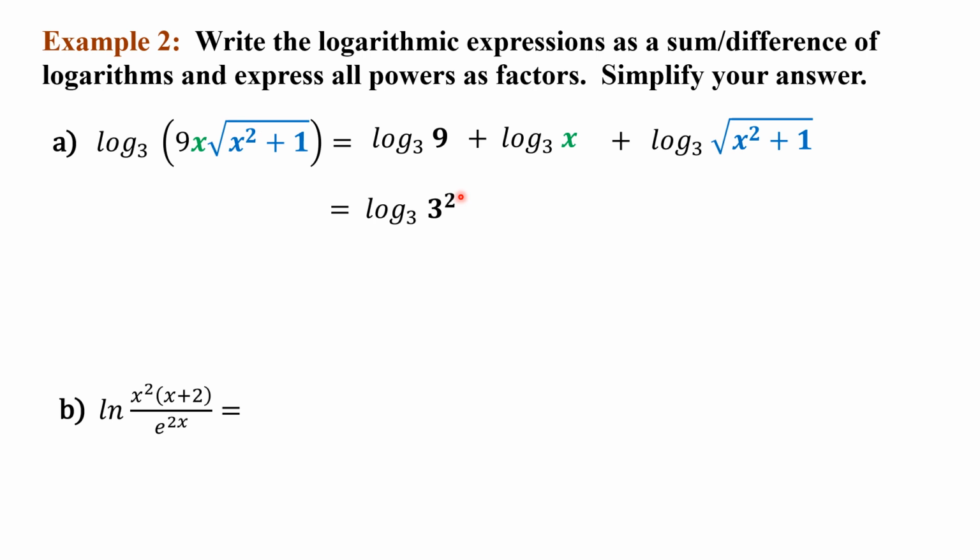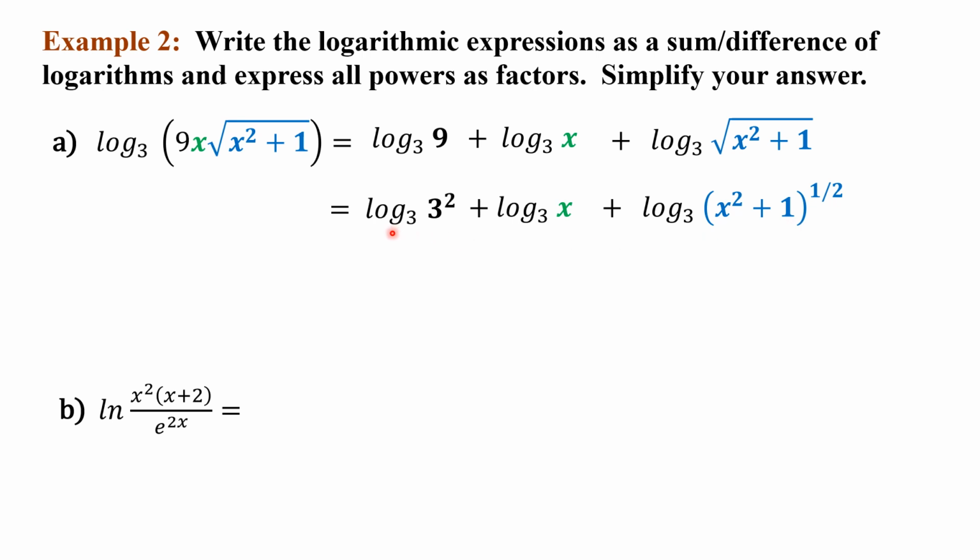So let us write that later. And then for the second term, we cannot do anything here. We will just copy this because it's log x base 3. And then for the last term, since it's mentioned here that we should express all powers as factors, we can see that this square root can be written as a power 1/2. So let us write this as log base 3 of x squared plus 1 power half.